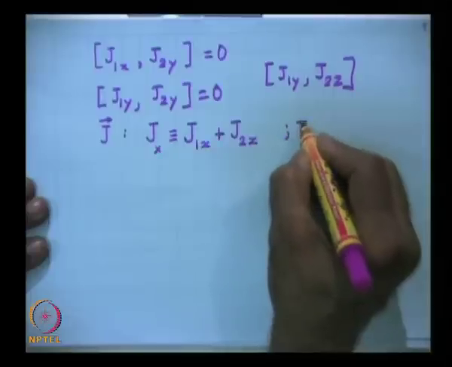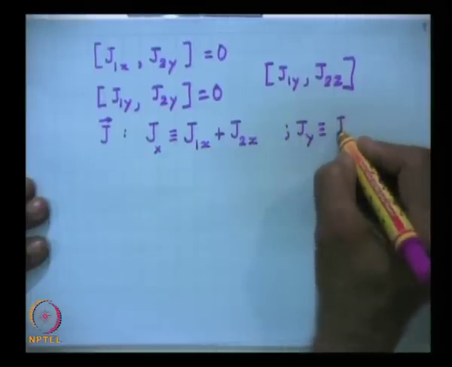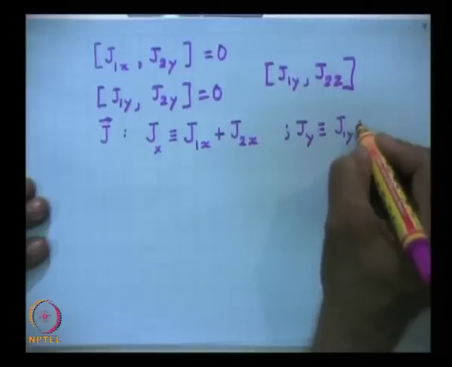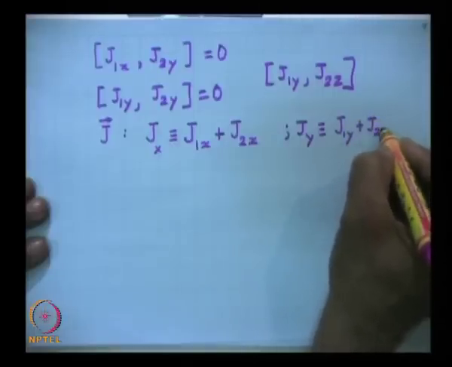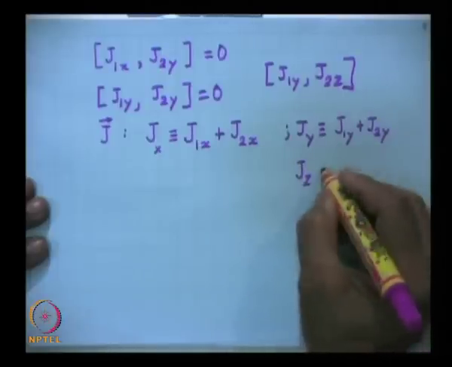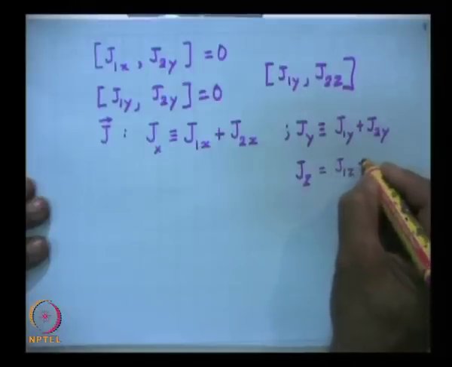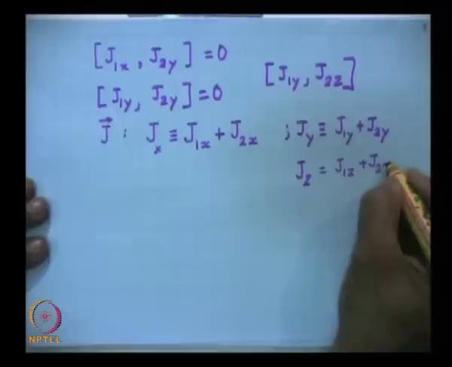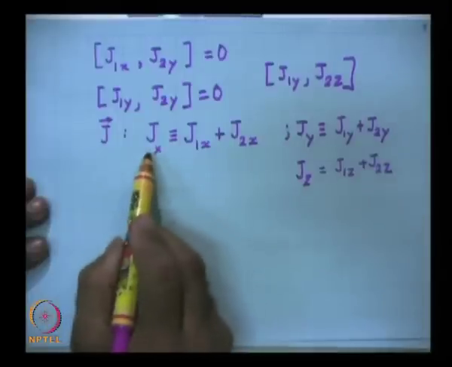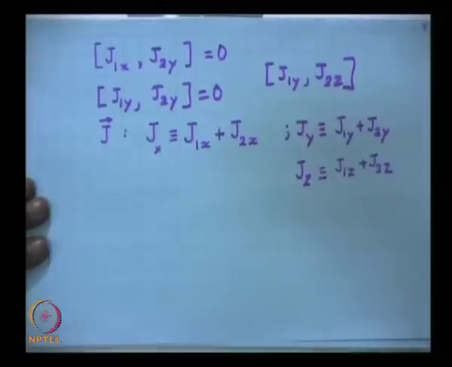Similarly, Jy is defined to be equal to J1y plus J2y, and Jz is equal to J1z plus J2z. So, we define Jx, Jy and Jz by these three relations.